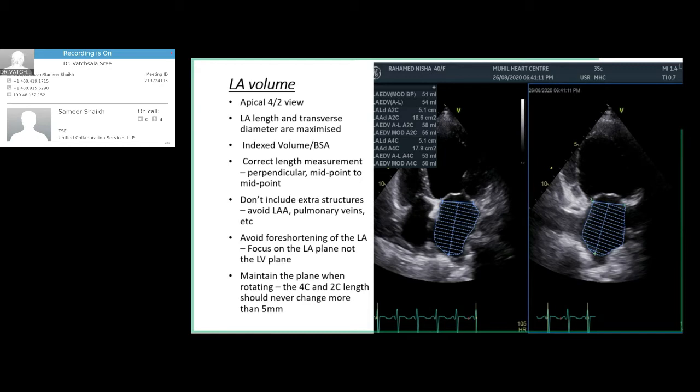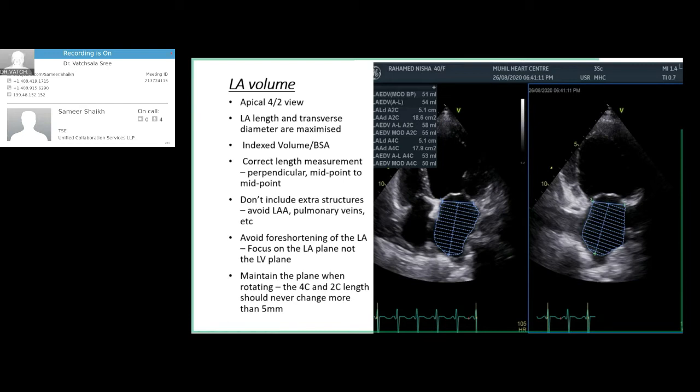For this person, this is normal. So to index it to their body surface area, you need to have the height and weight. Once you enter the height and weight into the machine, it automatically calculates your body surface area, and once you measure the LA volume, it will give you the indexed measurements straight away.